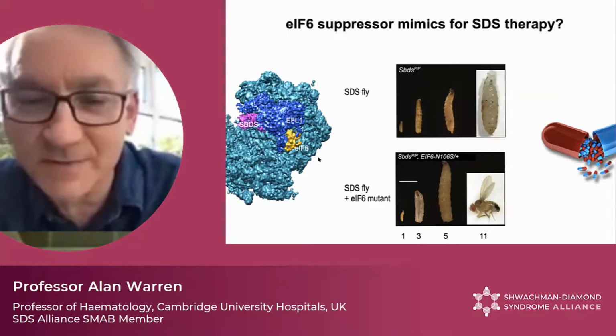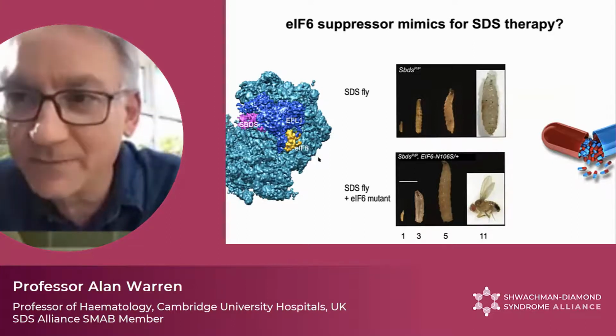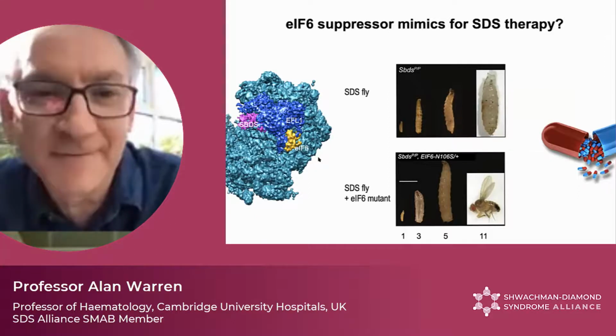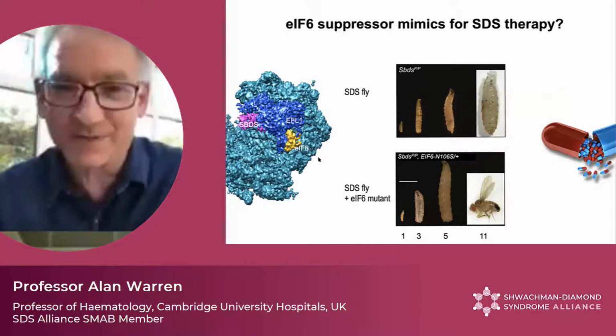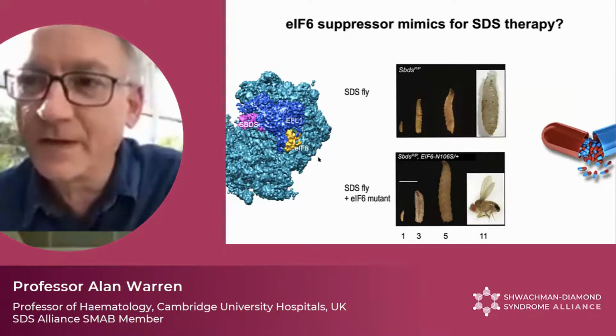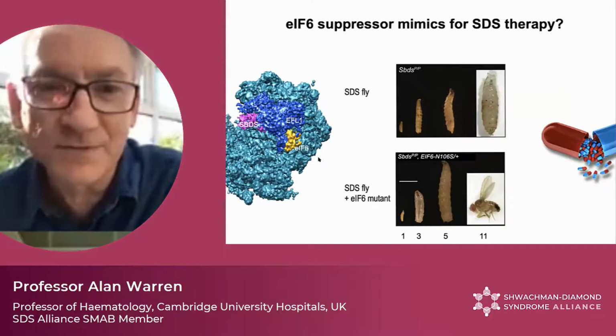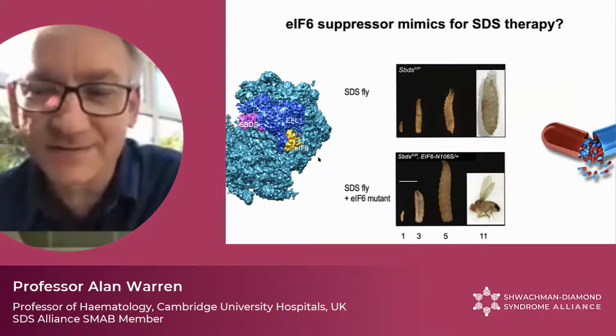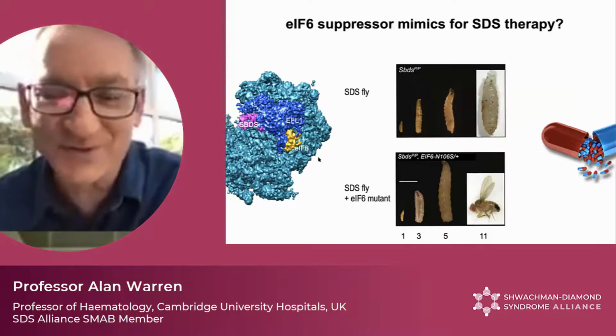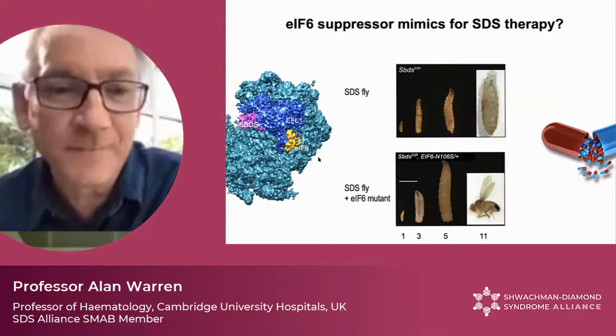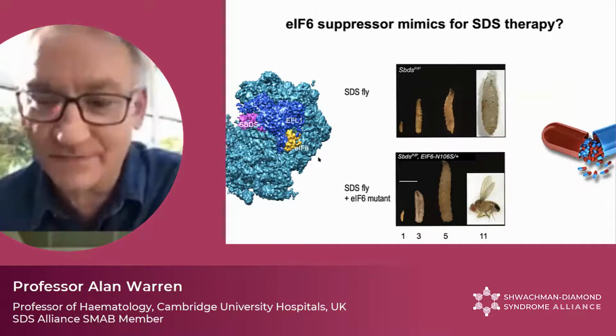We need to test them in mammalian cells and in a hypomorphic SBDS deficient mouse model. So again, we're really excited about the possibility of having this mouse to actually test, assuming we get some molecules at some point, in the context of the SBDS deficient mouse.